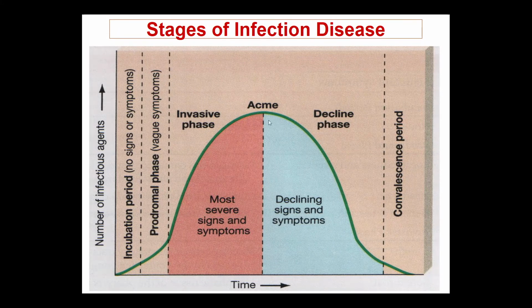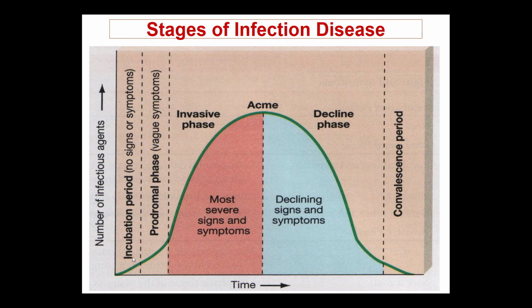Stages of infectious diseases. What if we try to analyze how disease develops with time and how the number of infectious agents in the human body changes? We have to subdivide the disease development into different periods.